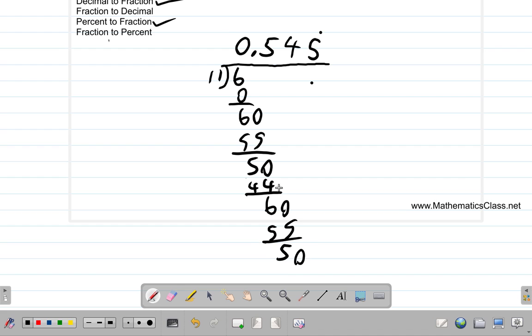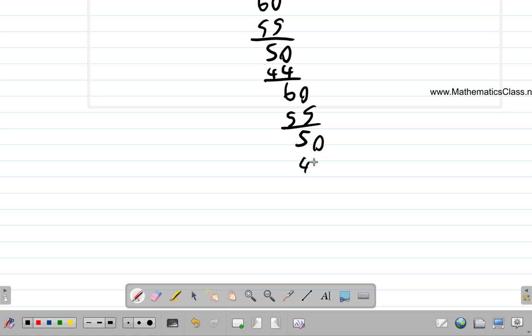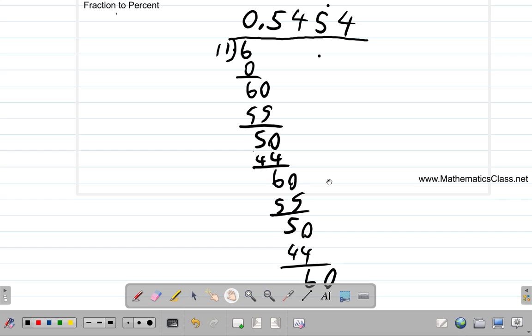Multiply by 10. 11 into 50 is 4. 50 minus 44 is 6. Multiply by 10. But then you say, hold on. You keep on repeating yourself over and over, because 11 into 60 you did up here already. Are you going to do it again? No.